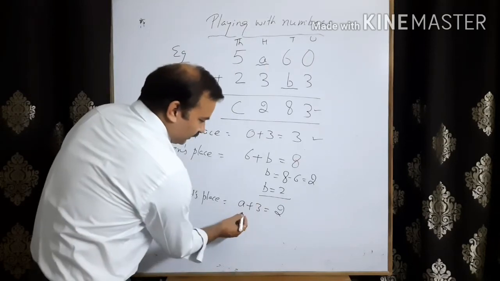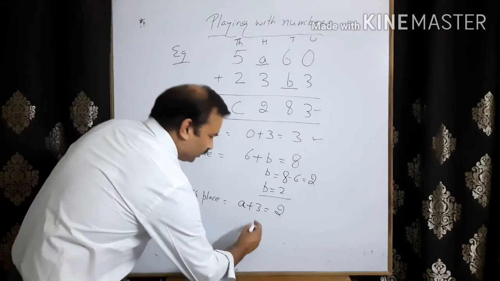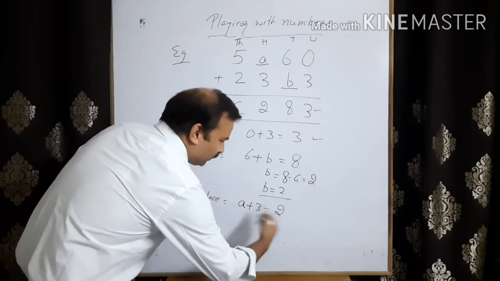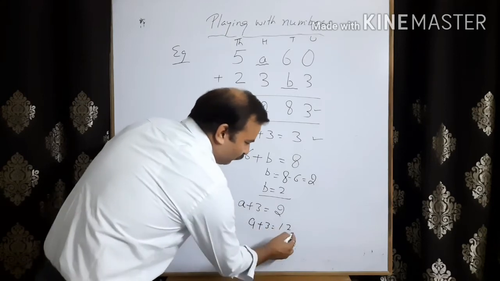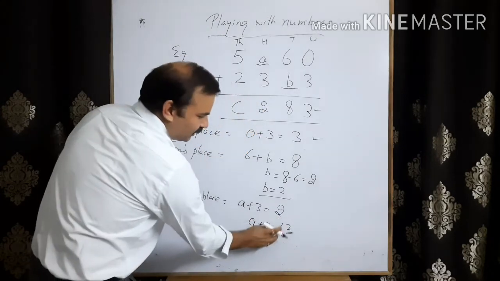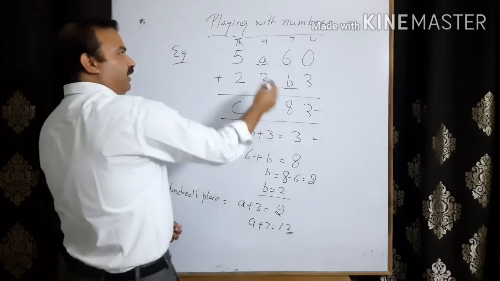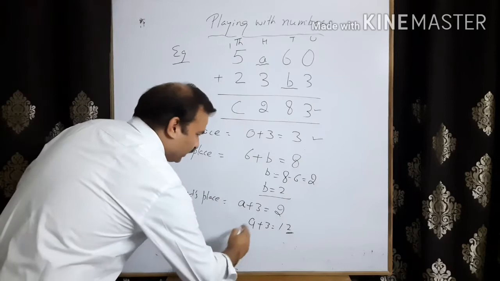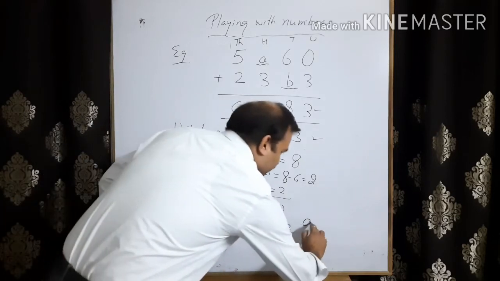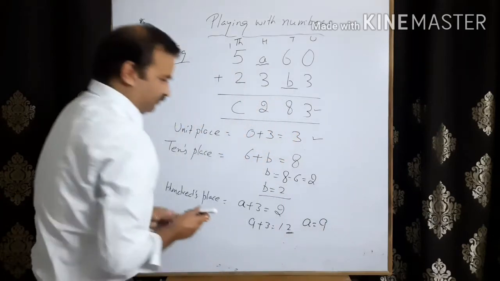So in place of A it will be 9, since 9 plus 3 is equal to 12. But we want only the unit digit, so the unit digit is here and this 1 will carry to the next one. So we can say that A is equal to 9.